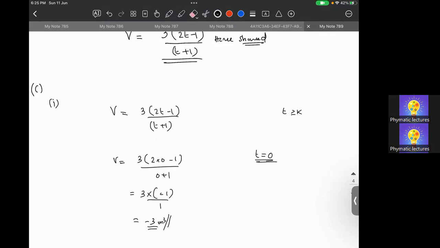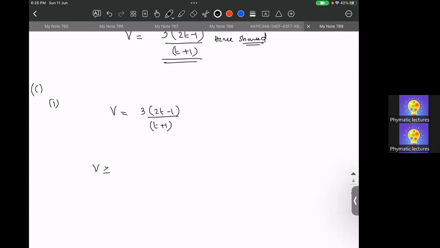So now the question is, after what time onwards is the volume generating? We need to find the time at which the volume is generating. That means volume should be greater than or equal to 0.